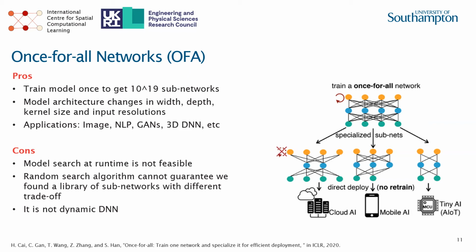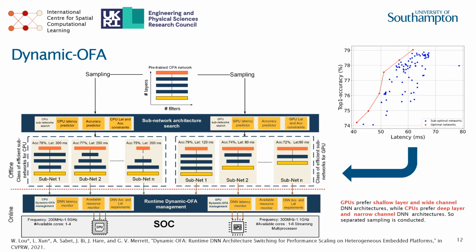So instead of thinking about how to train, we need to think about how we can get the best models from OFA, and combine them into new dynamic neural networks. Here we propose Dynamic OFA, which uses the OFA as the backbone model, and we do a lot of network search at design time and take the most efficient models, basically the Pareto front models, and combine them into a dynamic neural network.